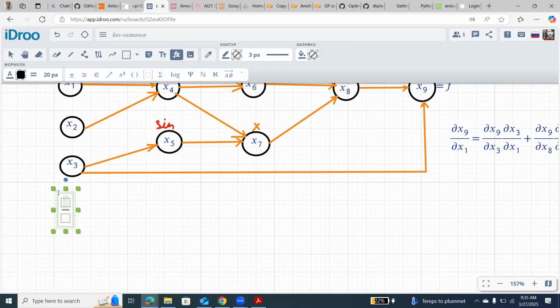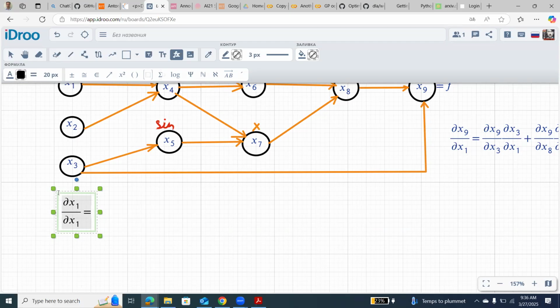What is the derivative of x1 with respect to x1? Like you design a diagram and then when you're deriving, you go backwards. So the first mode is forward, and the second will be backward.